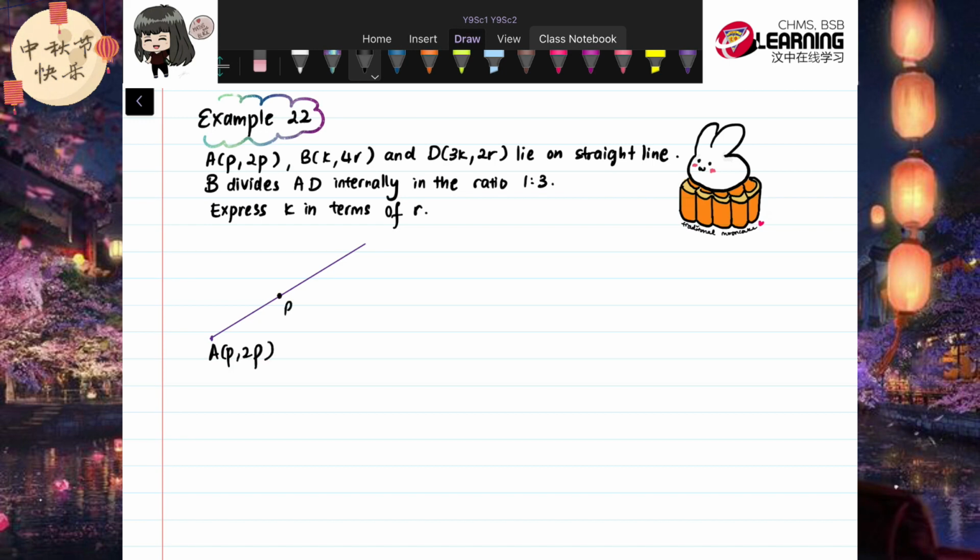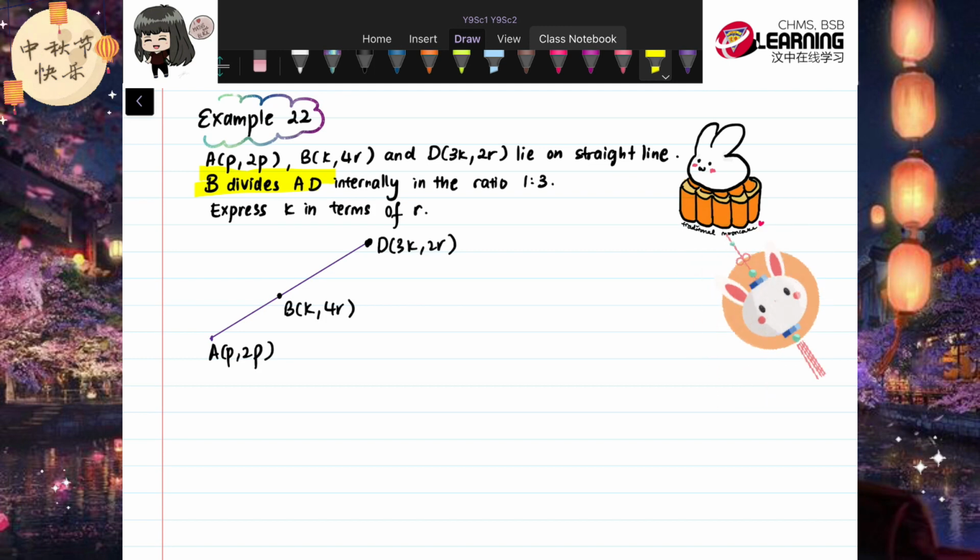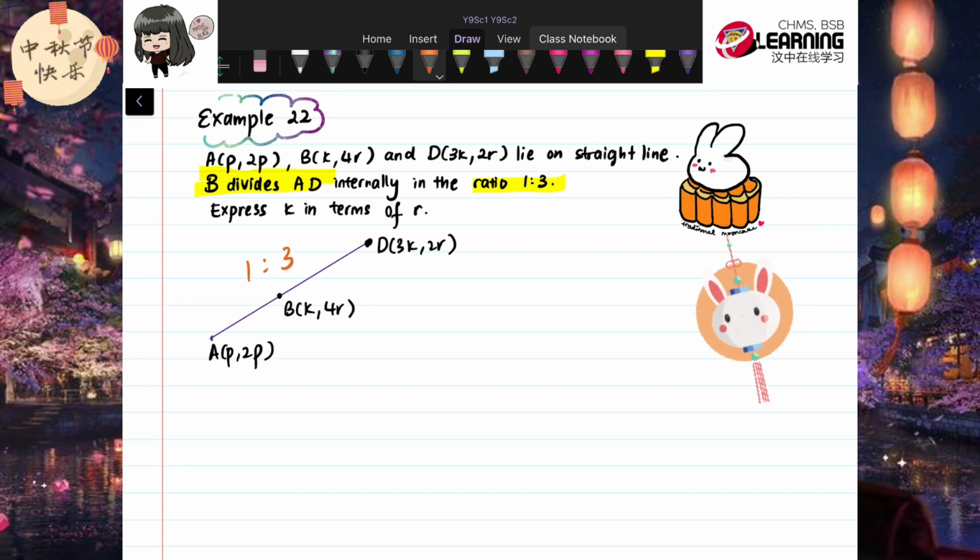And your B, you don't know, k to r. And your D here, also you don't know, is 3k to r. A lot of unknowns here, okay? And then B divides AD, means that B is in between, not middle. Middle is midpoint. Ratio of 1 to 3, so the ratio is 1 dot dot 3.